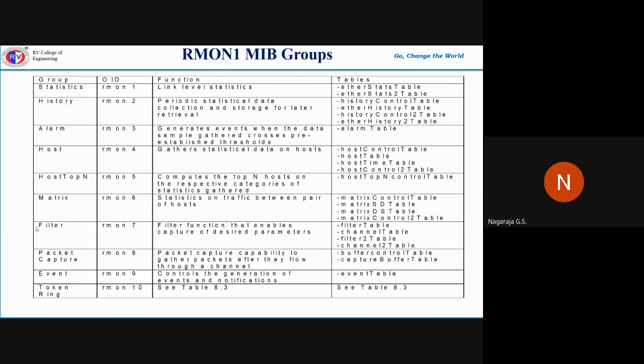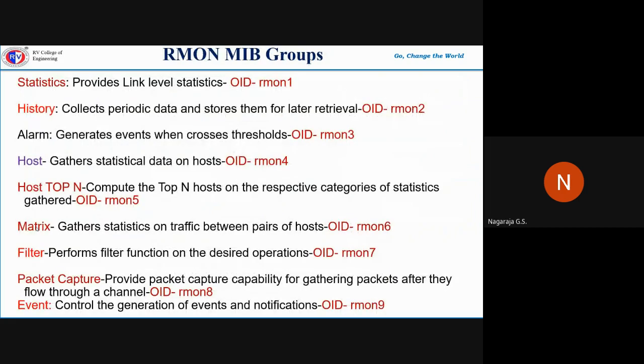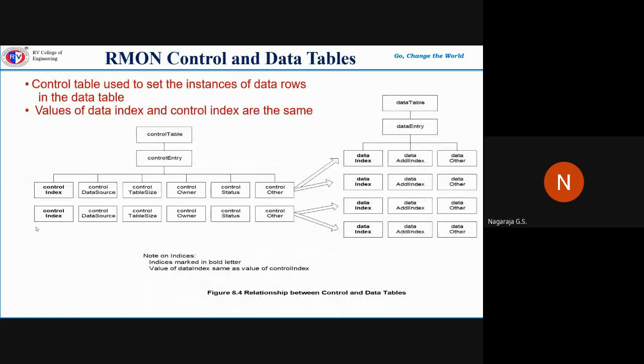We call this RMON1 MIB groups. I have already explained all these things to all of you. You can just go through it, right? It is very brief information. You will get many more details as you go through your textbook contents, but very first-hand information you are going to get from my slides here.